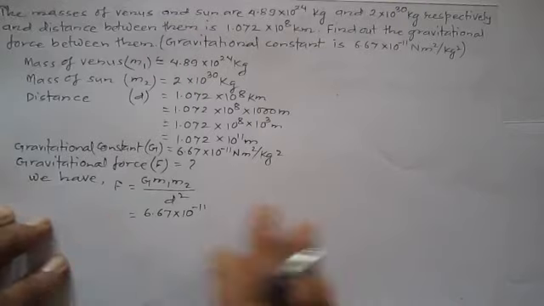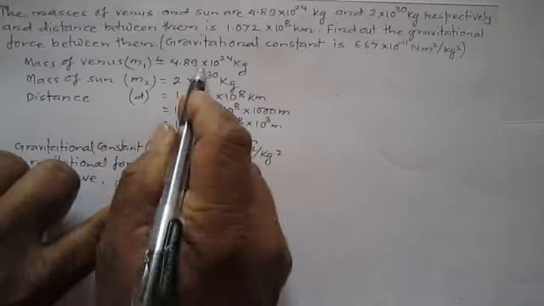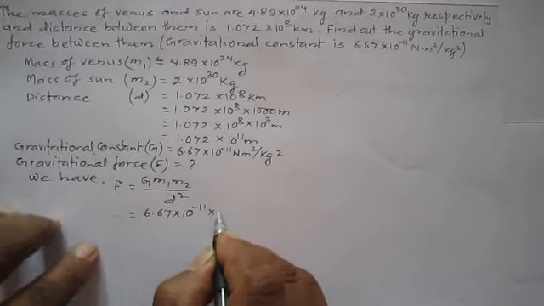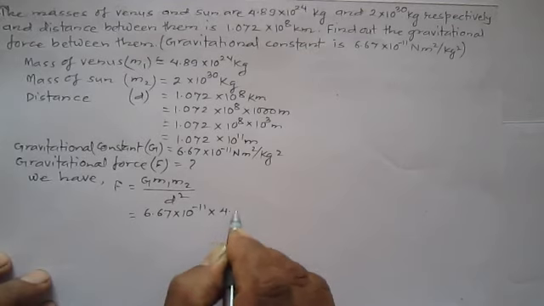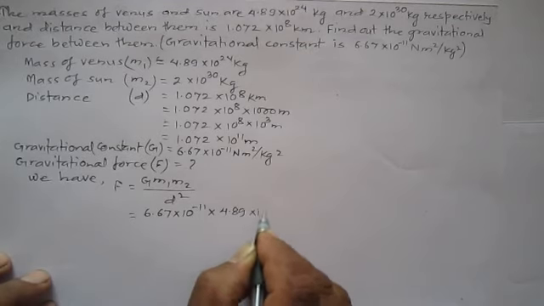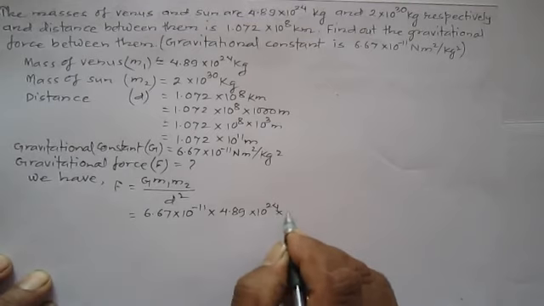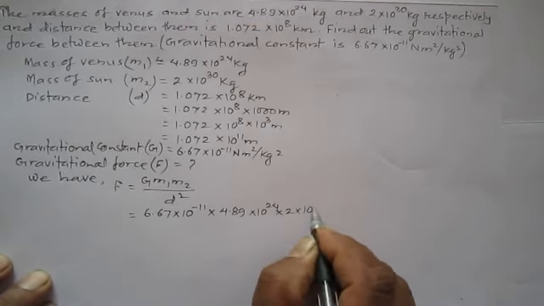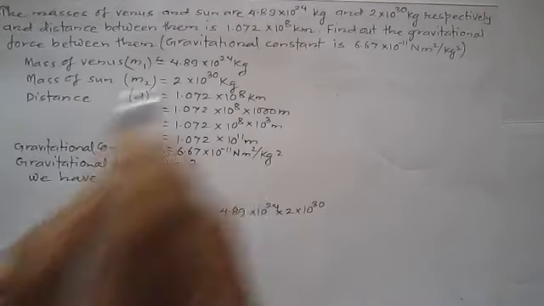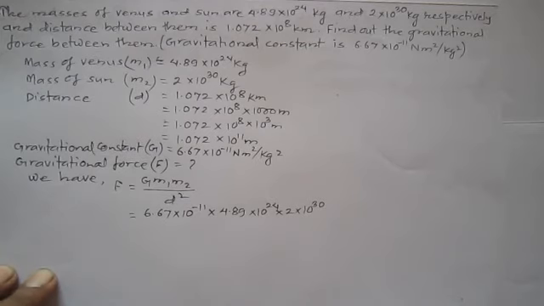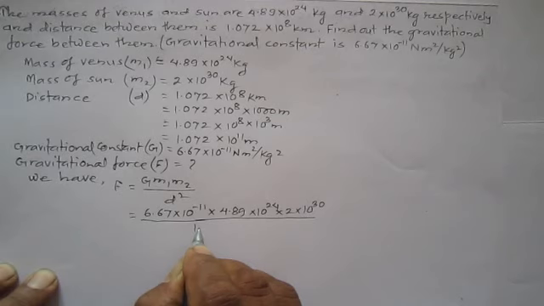That's why I am writing just the numbers. m1 is 4.89 into 10 to the power 24. Now in place of m2 we are writing 2 into 10 to the power 30. In the denominator we have the distance d, 1.072 into 10 to the power 11.